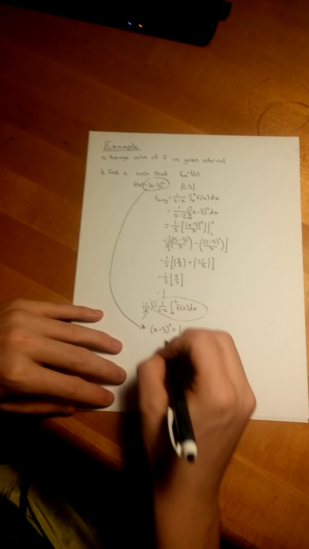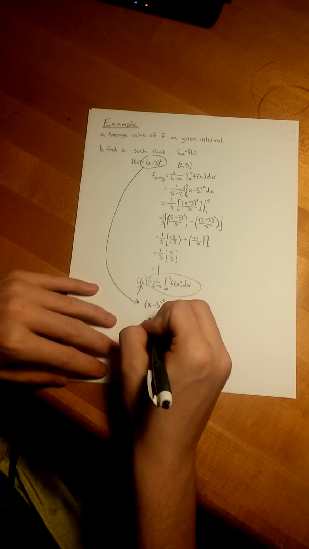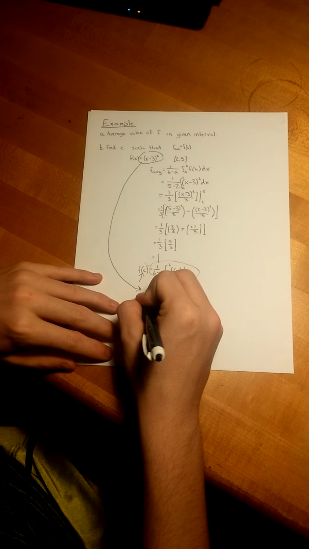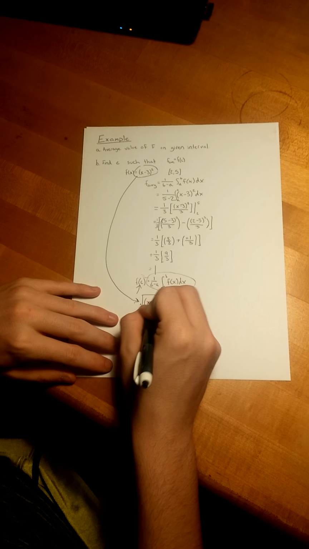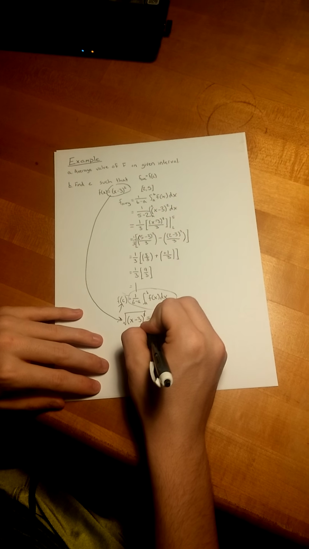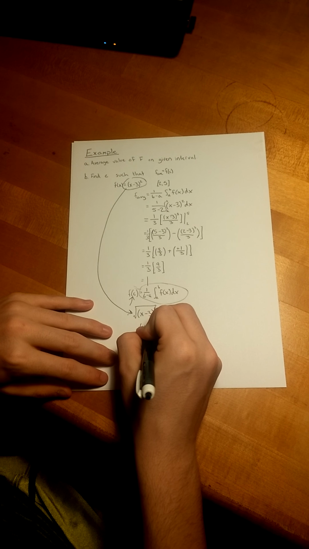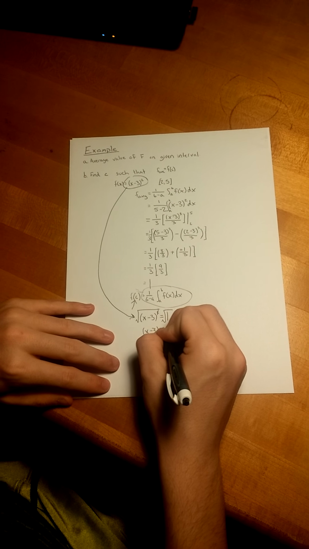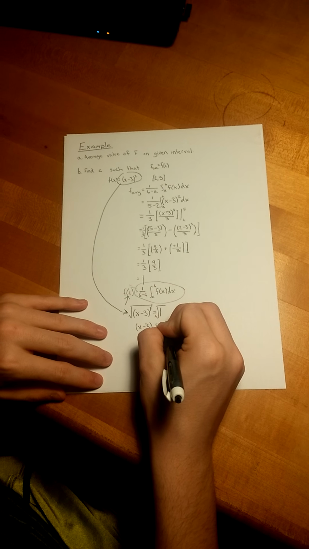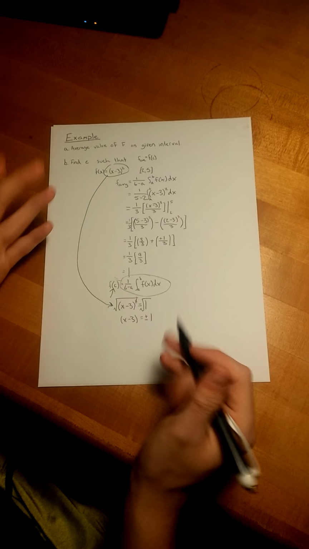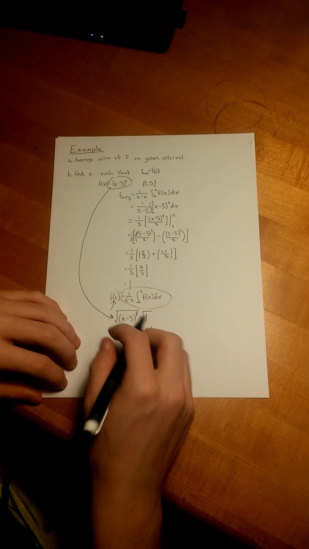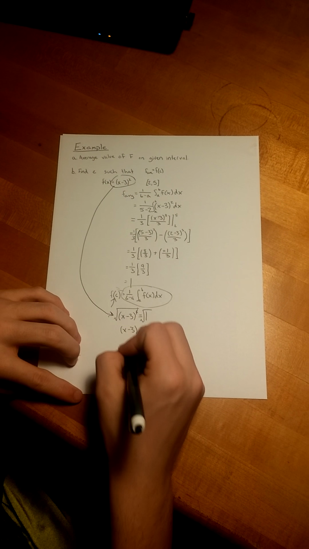So it equals 1. Now we want to take the square root of both sides so we can get rid of the square. We're left with x minus 3 equals plus or minus 1, since 1 times 1 is 1. So that's how you get that.